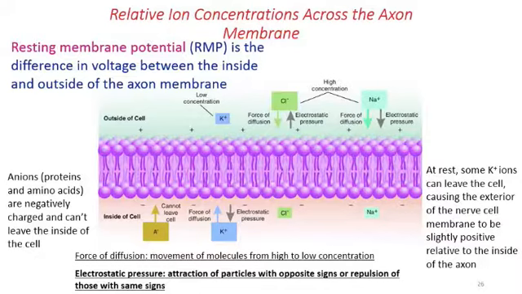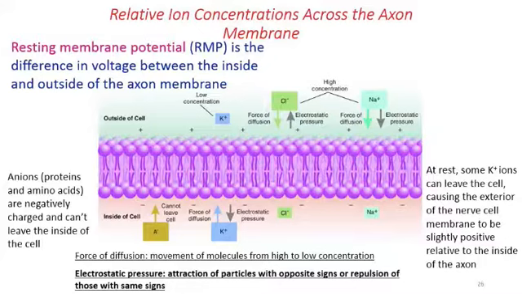And at rest, some potassium ions, as I mentioned, can leave the cell, causing the exterior of the nerve cell membrane to be slightly positive relative to the inside of the axon. We have, again, the force of diffusion, the movement of molecules from high to low concentration, which in some cases counteracts the other forces.